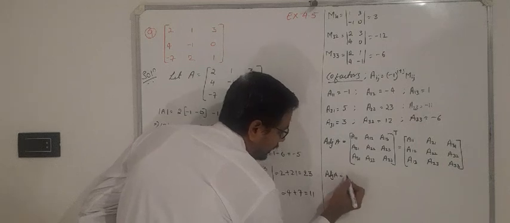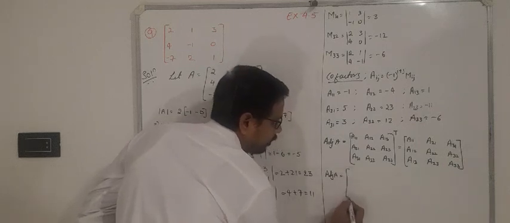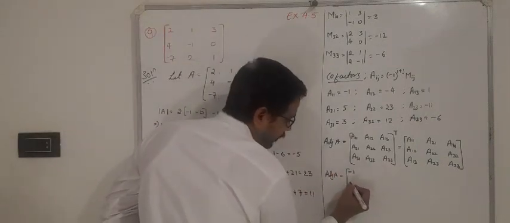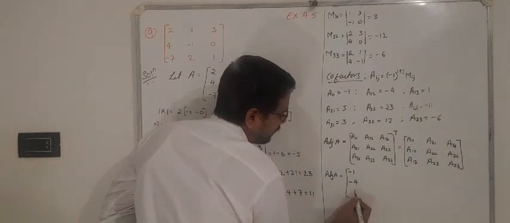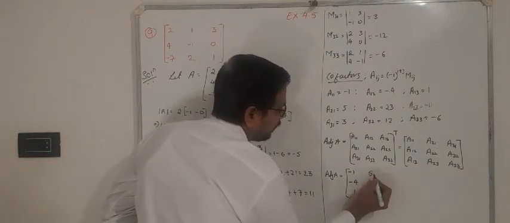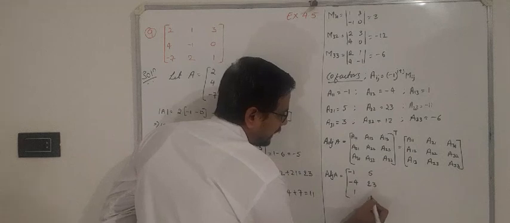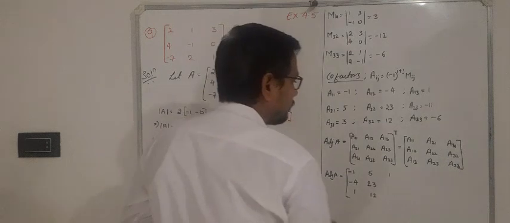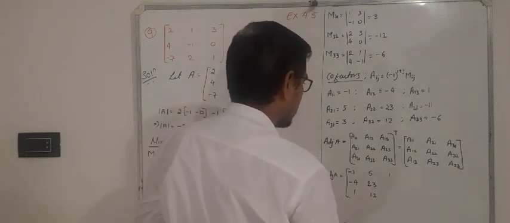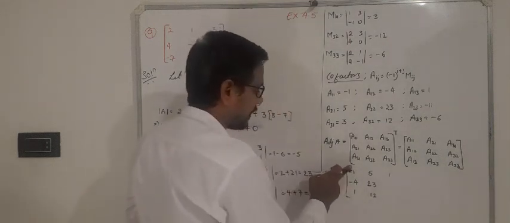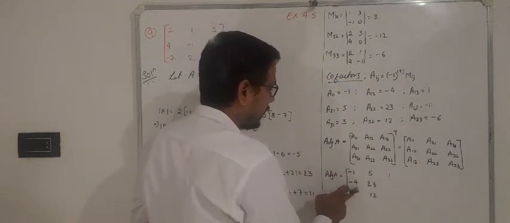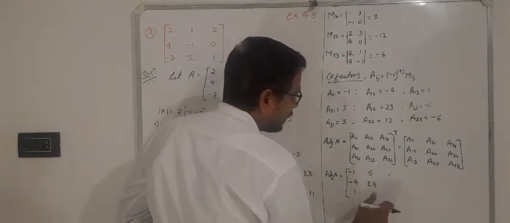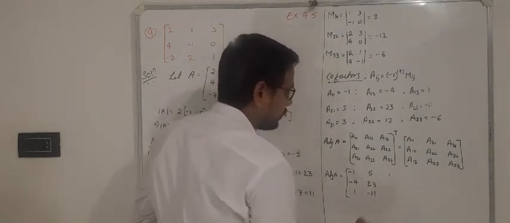So now adjoint A will be equal to, what is A11? Minus 1, A12 is minus 4, A13 is plus 1, A21 is 5, A22 is 23, A23 is minus 11, right?